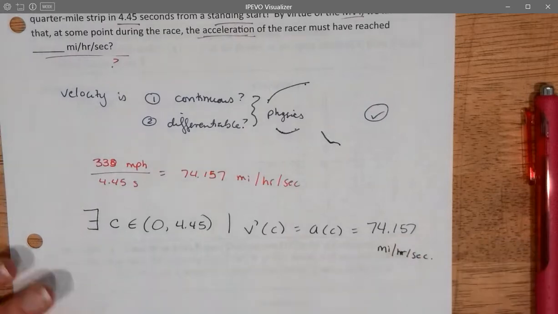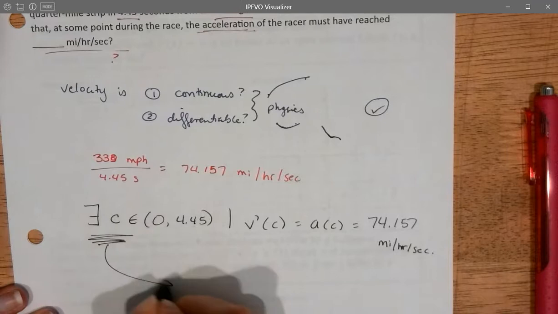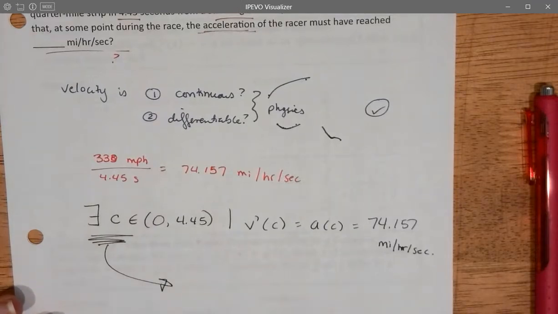Okay. So the mean value theorem proves the existence of that c. So the acceleration of the racer must have reached 74.157 miles per hour per second during the race.